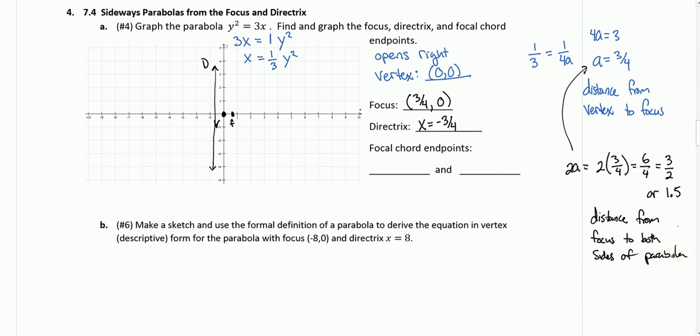Kind of gives the width of the parabola at the length of the focus. So from the focus, I'm going to go up 1.5 and below 1.5. And then we have that. Those 2 points that I just graphed are called the focal chord endpoints. So the one above is going to be at x value 3/4, the y value was 3/2. And the one below had x value 3/4, y value negative 3/2.